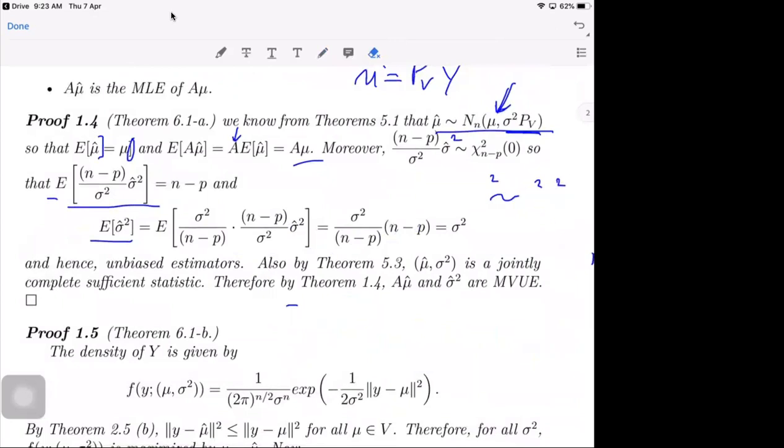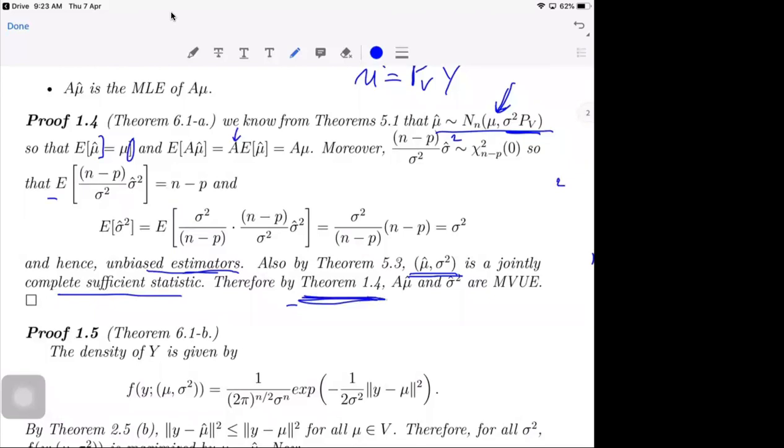So hence, both estimators are unbiased estimators, so that by the Lehmann-Scheffé theorem, since we know already that these are complete sufficient statistics, then both are unbiased statistics. So we can use the Lehmann-Scheffé to tell that A mu hat and sigma hat squared are MVUE.